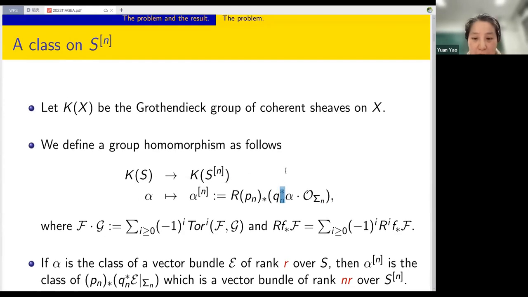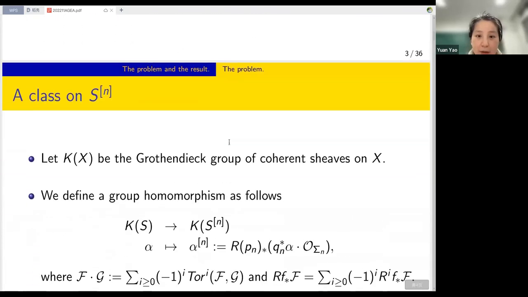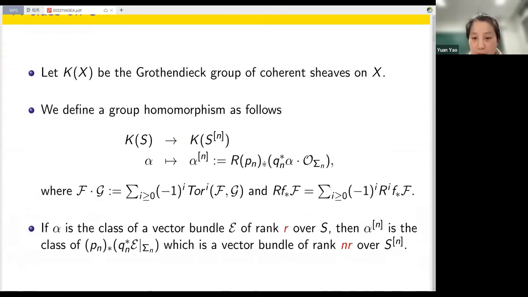Now you have this diagram: you pull back alpha with Q_n, and you tensor it with the structure sheaf of the universal family. So you take the flat tensor, and then you push forward with P_n. You have to take the derived push forward, certainly. Here is the flat tensor, and here is the derived push forward.